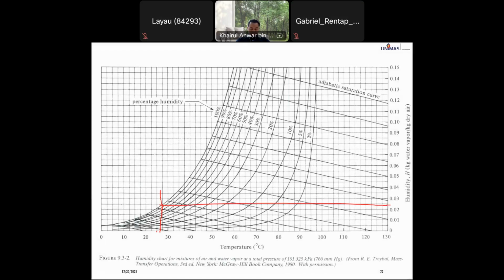Noting this point for 26.7 degrees C and HS 0.0226, it falls on the 100% saturation line.